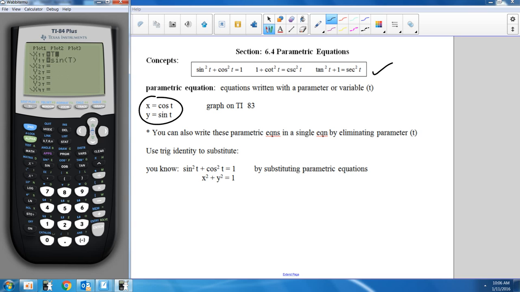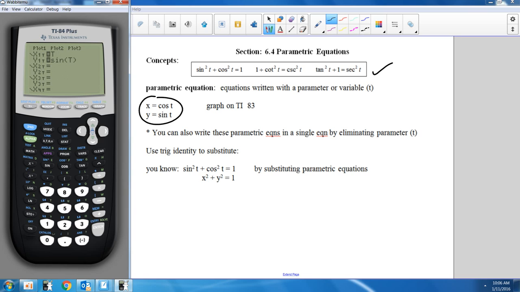You're going to get an x coordinate by plugging in t, and a y coordinate by plugging in t, and that xy coordinate is what's going to be plotted on the graph. As you cycle through all of your t's, you're generating all these xy points, and that's what's plotted on the graph.